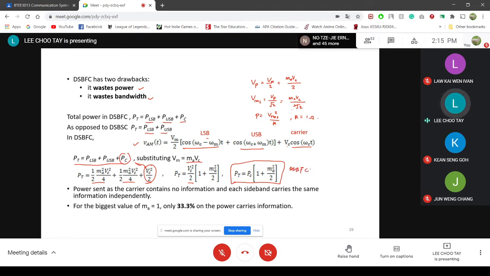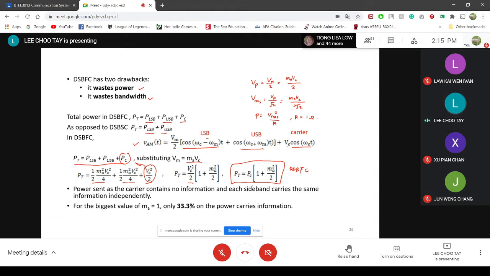You can see from this equation that the total power required to transmit the double sideband full carrier signal basically depends on your modulation index, and also the power of the carrier that we use to transmit.